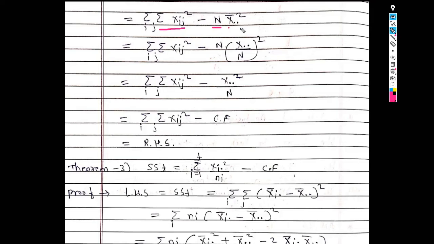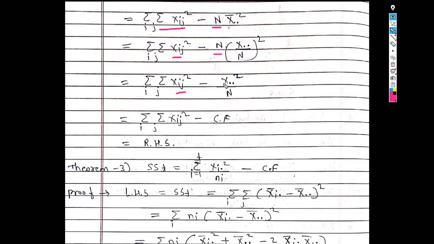Now this x dot dot bar, that is the grand mean, can be written as grand total upon capital N. So in the next step we get summation x_ij squared minus capital N into (grand total upon capital N) bracket squared. So we get summation x_ij squared minus, now this one N and this one N will get cancelled.